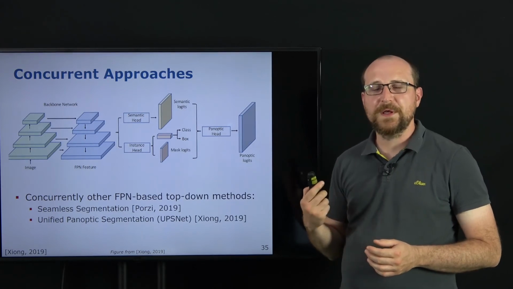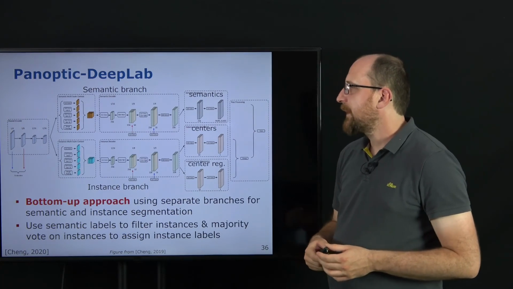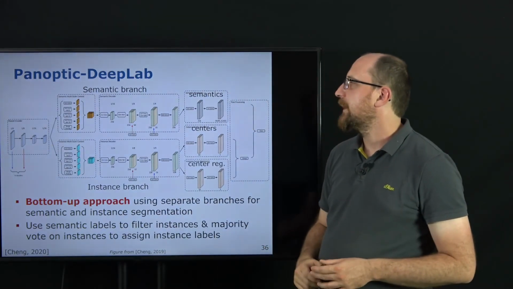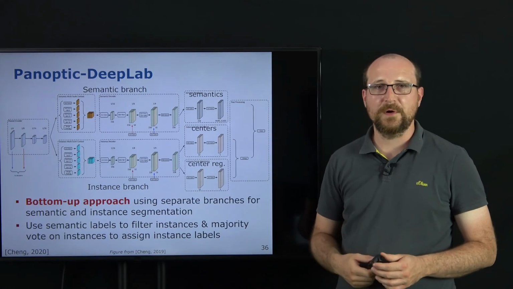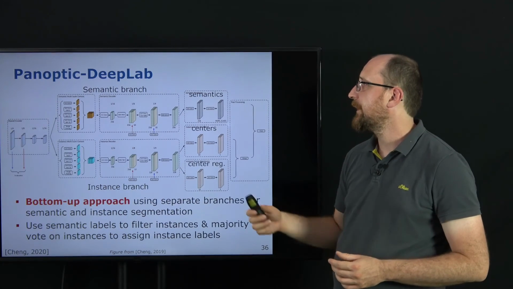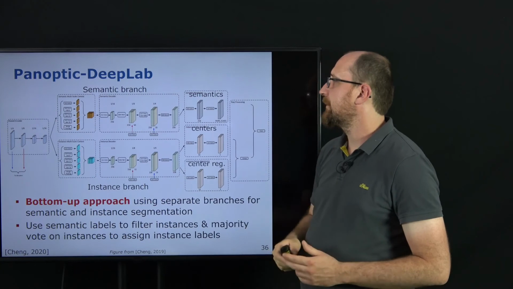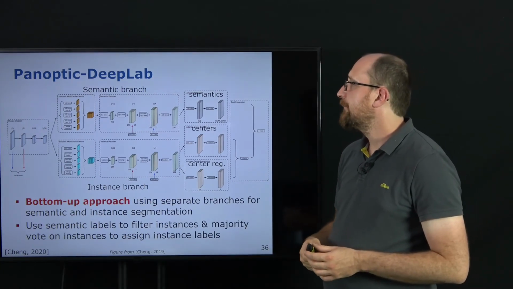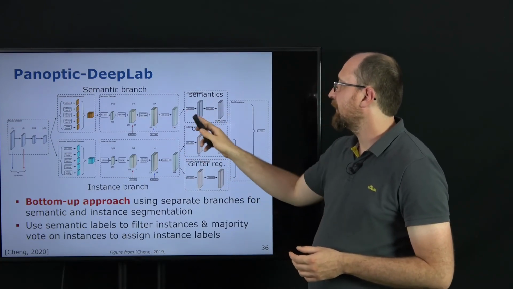And there was also a bottom-up approach, which is the so-called Panoptic-DeepLab. As you can see here, we have the shared encoder again, and then the ASPP parts, which we know already from the semantic segmentation with DeepLab version 3+. And then we have a semantic branch, which is very similar to the way that DeepLab did the semantic segmentation, and this gives us then the semantic segmentations.